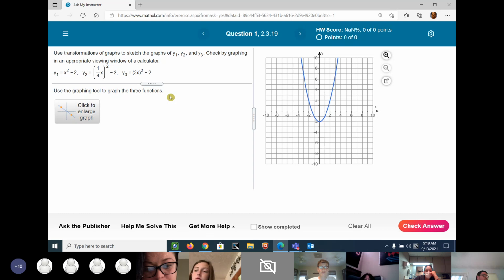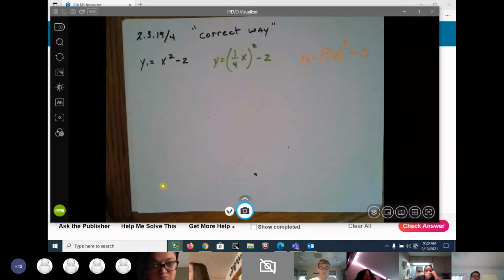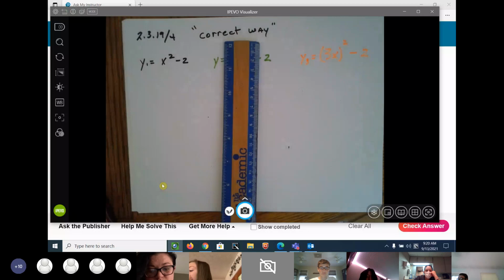And the other one, orange, y sub 3 is equal to 3x quantity squared minus 2. I'm going to draw a graph, and I'm going to show you the correct way that this problem is supposed to be done.